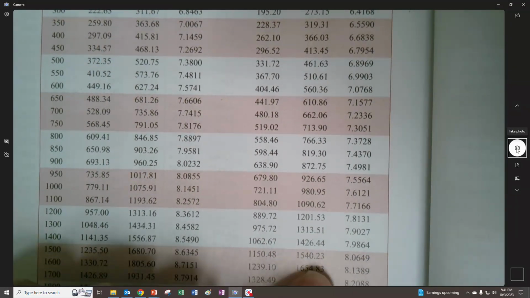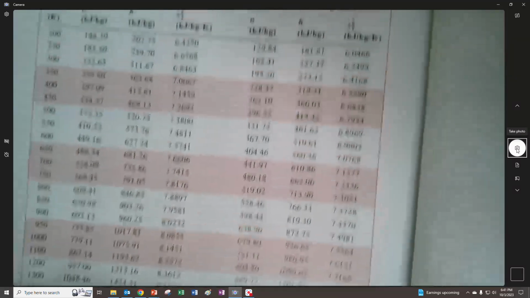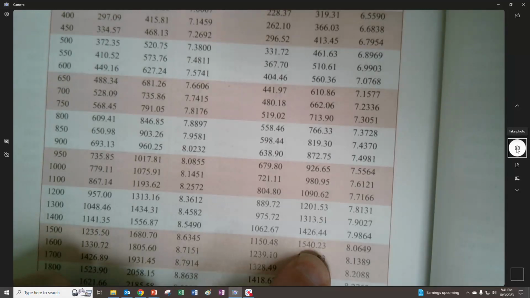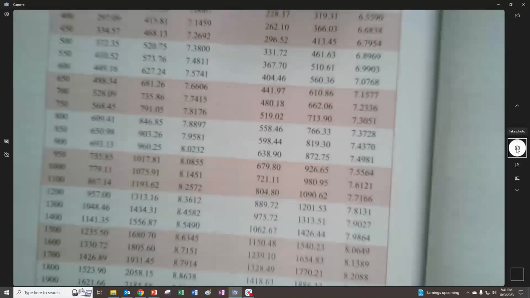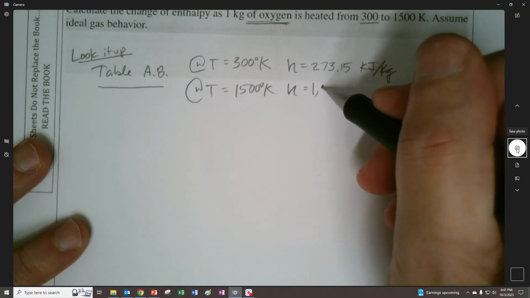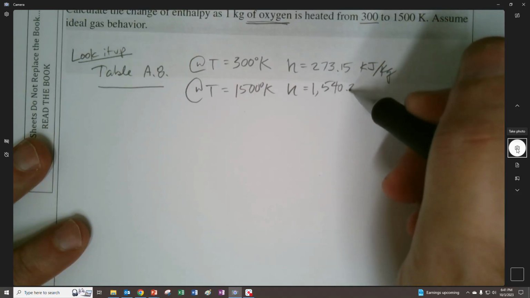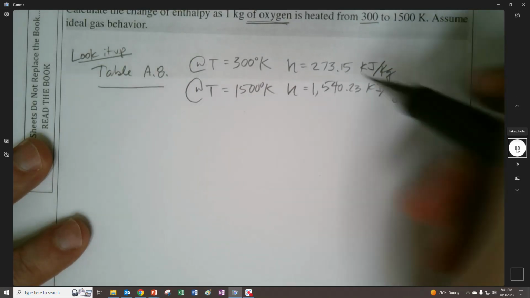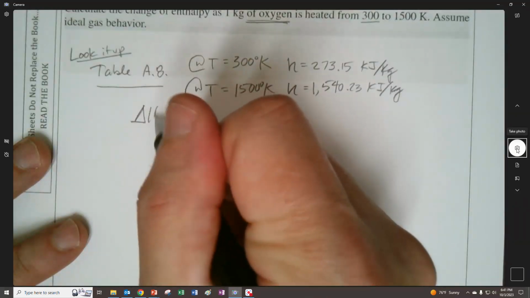Is it this one or that one? I think it's this one. Yep, that one, right there. 1,540.23 kilojoules per kilogram.